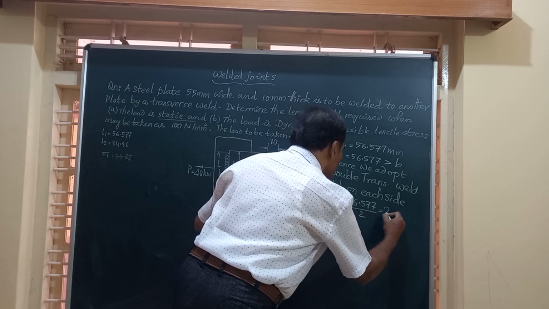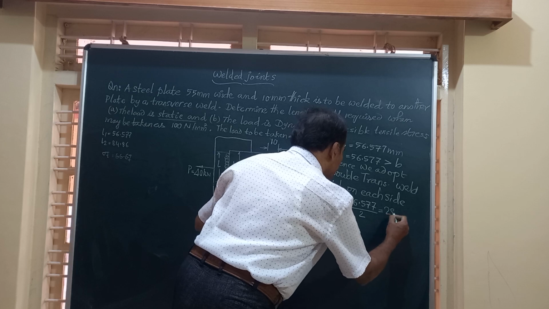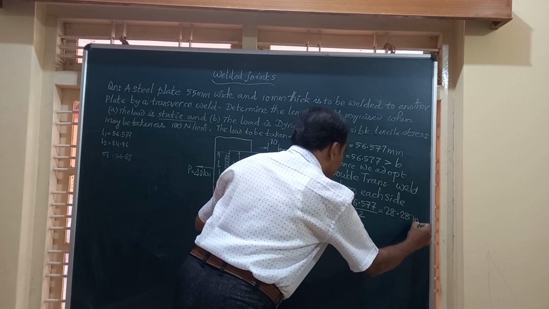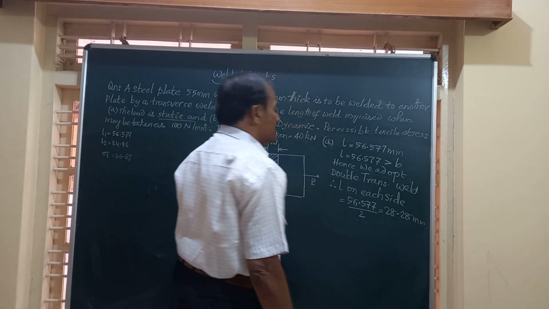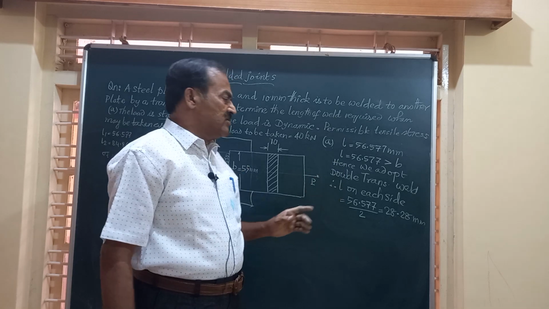That works out to 28.28 millimeter is the length of welding required on each side.